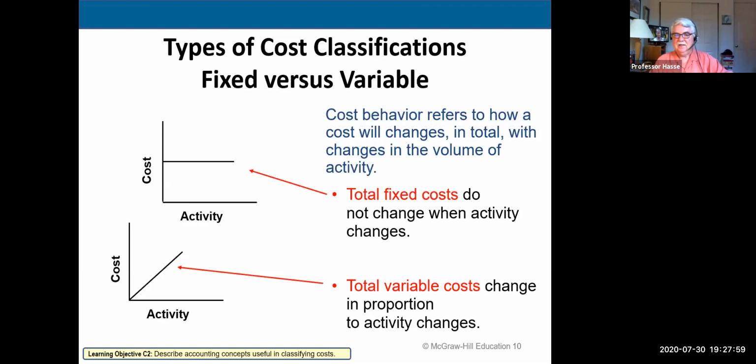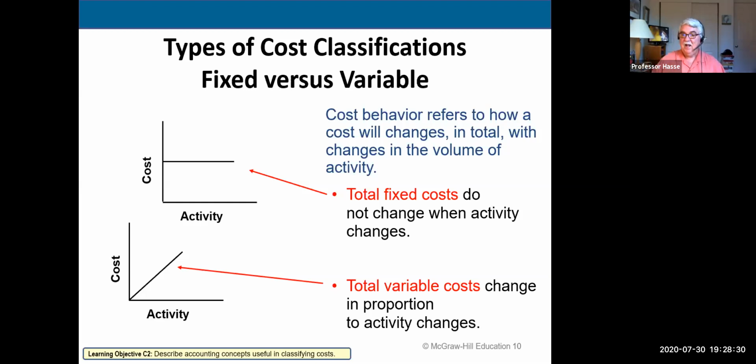Or another way to cut costs is to tell the academic advisors, we're cutting your salary and paying you less. I don't care if you see a lot of students or don't see any, you're going to get paid less, and volume has nothing to do with it. Variable cost is, Mr. Hassey, we're cutting your hours, you can't teach that much. Very important definitions in managerial accounting.